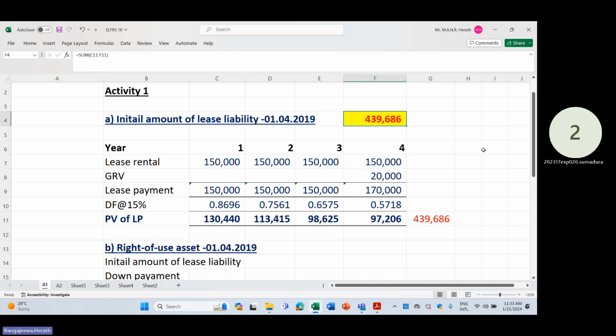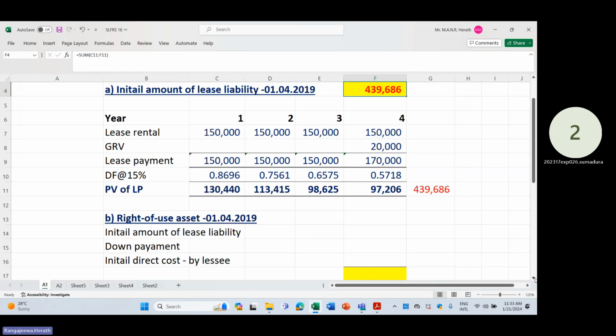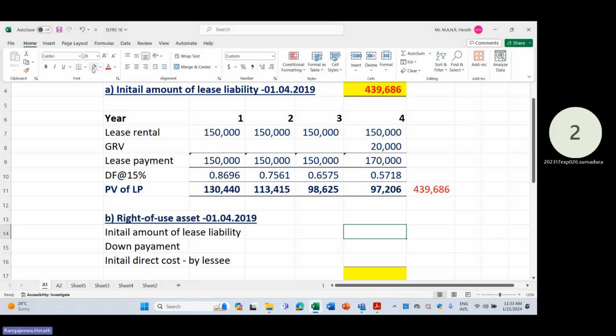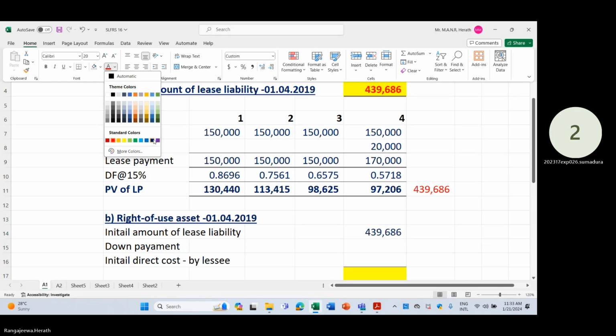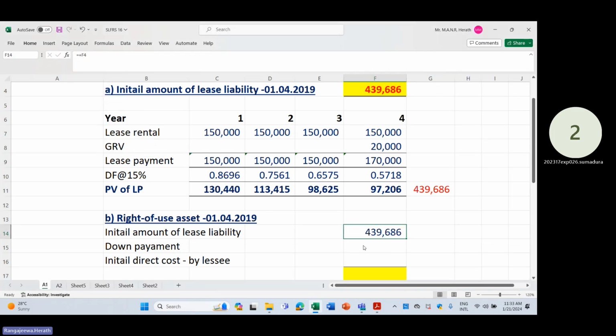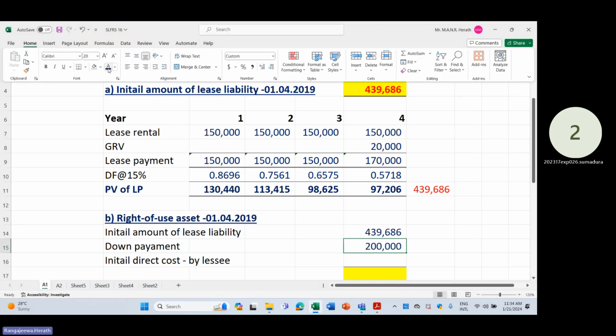Then we have the right of use asset. The right of use asset is basically the initial measurement of the lease liability, the same amount you can take. Then the down payment, the initial payment: cash credit, right of use asset debit.